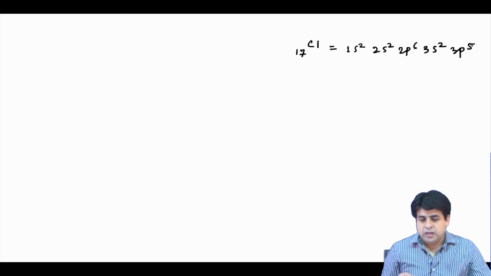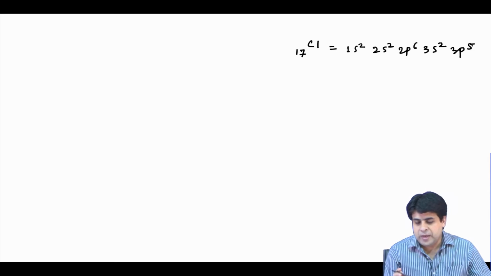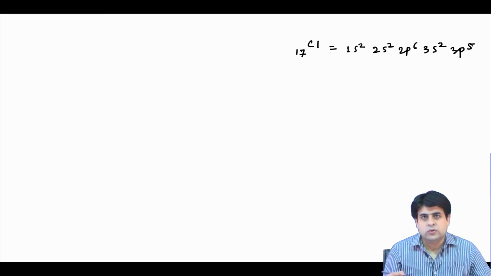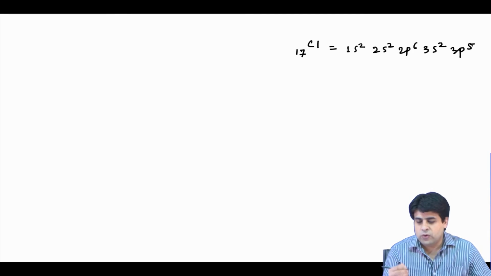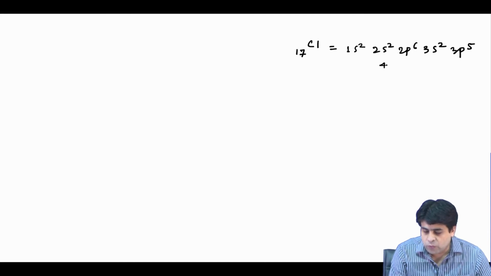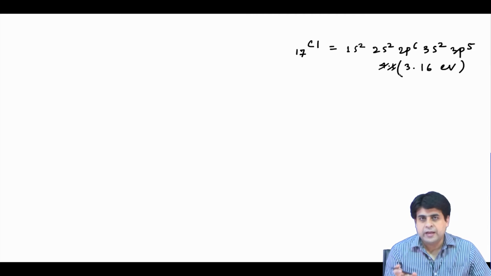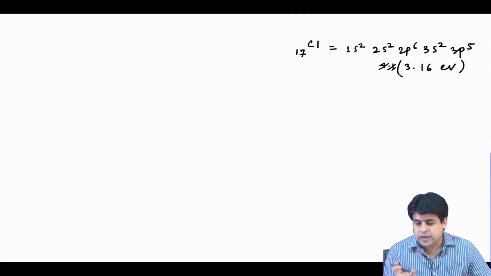So to get a noble gas configuration, chlorine needs to attract one electron. Because of that, the electronegativity value for chlorine is, sorry, 3.16 electron volt. So this chlorine atom has a very high electronegativity value.